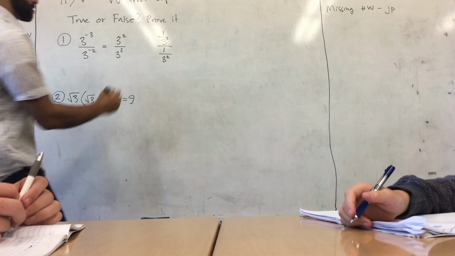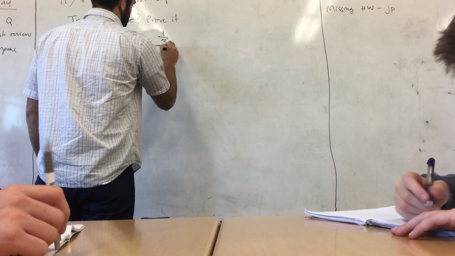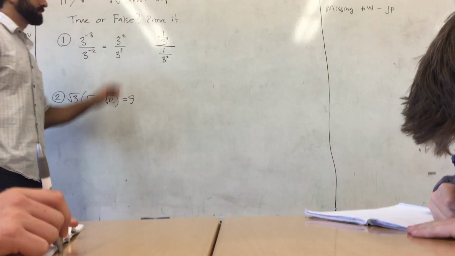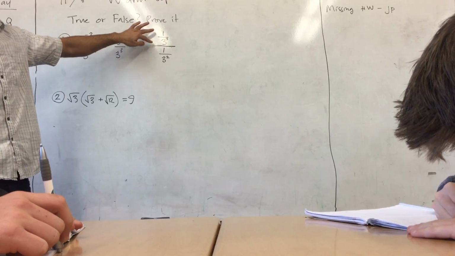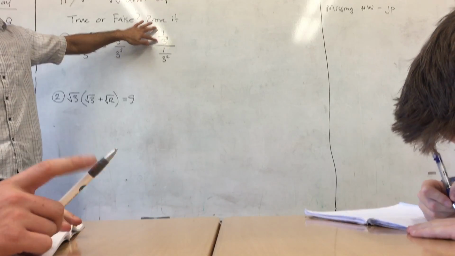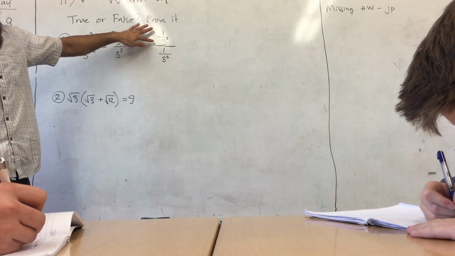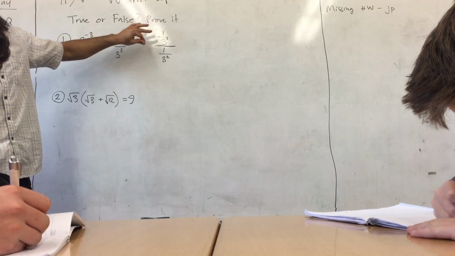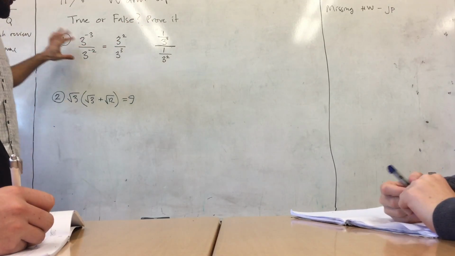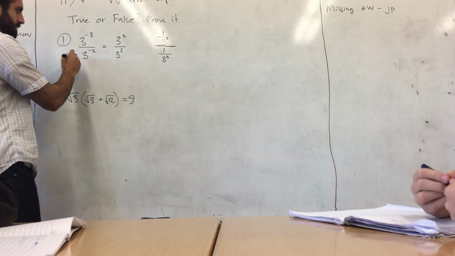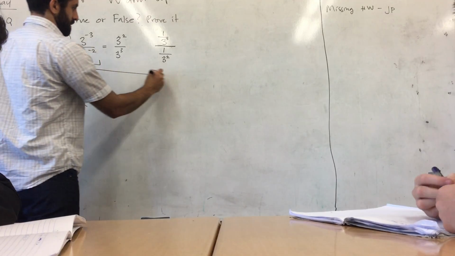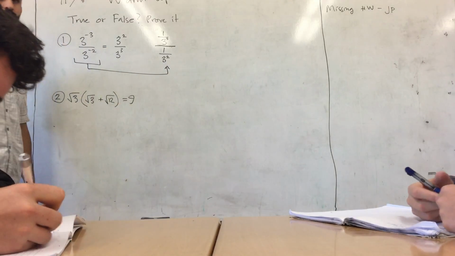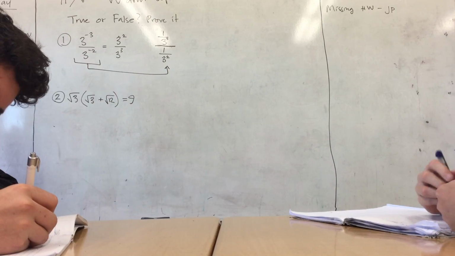Right? Do you see how it became this? You see how it became this? This left side? Yes. You just combine it. Wait, how do you get the 1 though?